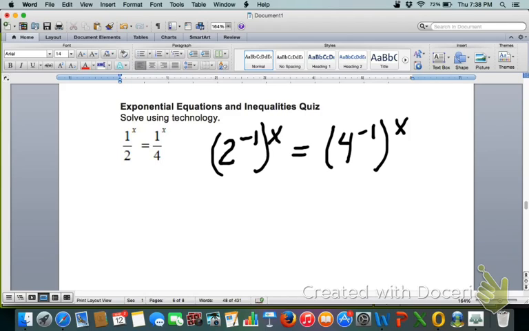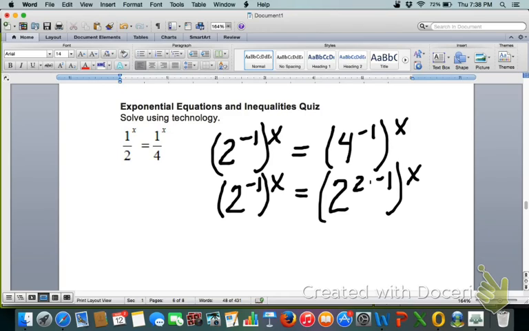So here I have 2 to the negative 1, and this is going to be 2 squared times negative 1, all raised to the x power. Now if I multiply my exponents, I have 2 to the negative x here, and 2 times negative 1 is negative 2, so this will be 2 to the negative 2x.